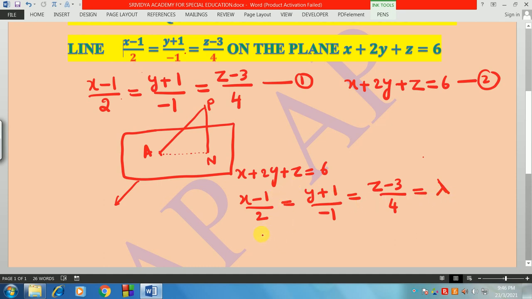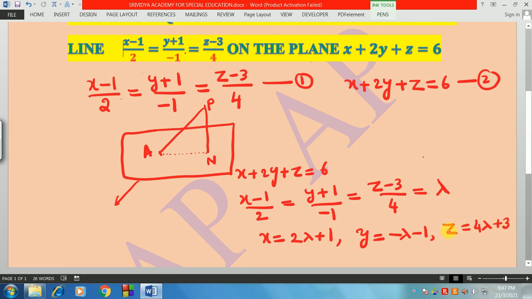Therefore, taking (x - 1)/2 = lambda, we get x = 2 lambda + 1. Similarly, y = -lambda - 1, and z = 4 lambda + 3.